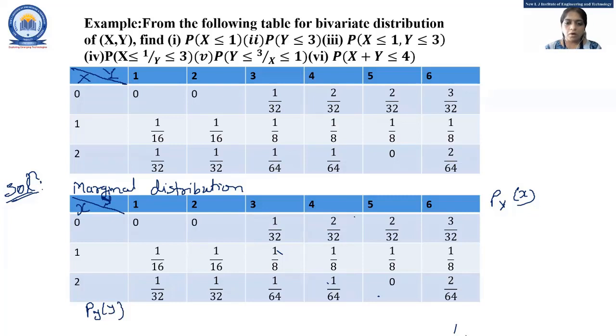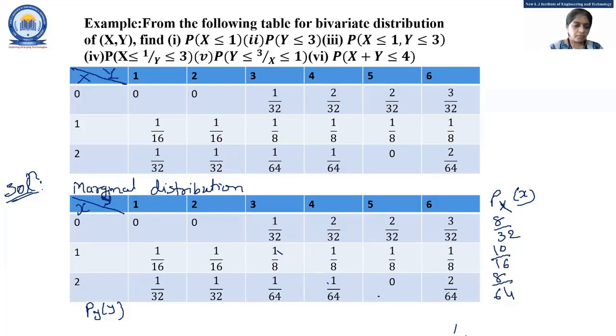So the sum of all these values is what? It is 8 upon 32. See here, 1 by 32, 2 by 32, 2 by 32, and 3 by 32. That is 8 by 32. Same way, 1 by 16, 1 by 16, and 4 times 1 by 8. If I take the LCM here, that is 2, 2, 2, 2, and 4 times 2, so 8 plus 2. That is 10, so 10 by 16. And same way in the denominator, it is 8 by 64.